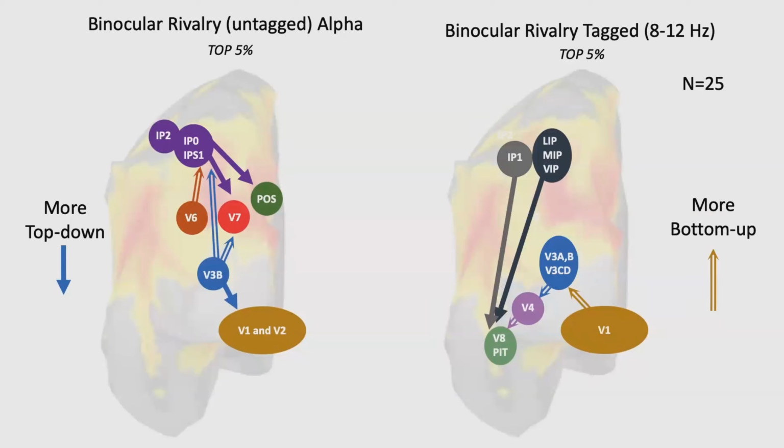It's consistent with our speculation that when we tag the stimulus, we seem to have a stronger bottom-up influence from V1, say, to areas like V3, and all sorts of other interesting things are obviously going on here as well. In the untagged rivalry, it's somewhat encouraging, I think, to see more top-down influences are now measurable by us as well.